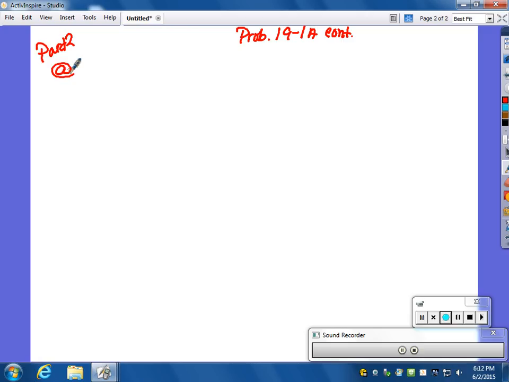What's the first one, the recording of the materials? Raw materials inventory. So I'm going to debit raw materials inventory and credit accounts payable. What amount are we looking at? 500,000.